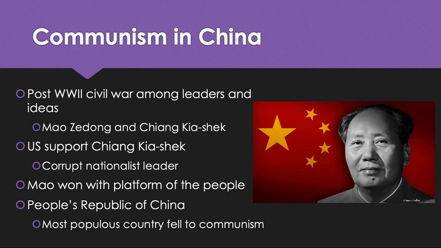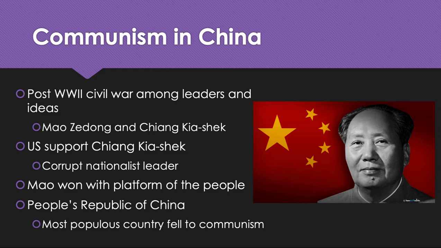Mao Zedong, because of this treatment of the people and their lack of support of Chiang, we're going to see Mao Zedong gain popularity with a platform that he is going to speak to the majority. He says, I am going to help the peasantry, which has been ignored by the government for years now. And that's what the people needed to hear.